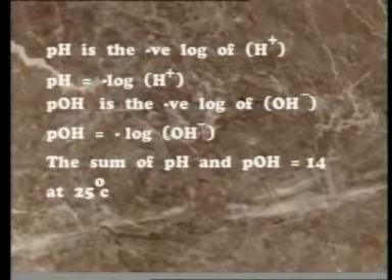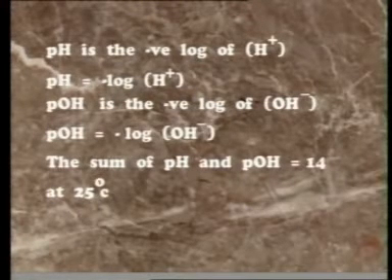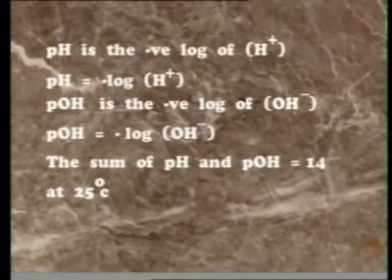It means that the concentrations of hydrogen ions and hydroxyl ions are a measure of the acidity or alkalinity of the solution. Hydrogen ion and hydroxyl ion concentrations are usually expressed as pH and pOH. pH is the negative log of the hydrogen ion concentration, or pH equals minus log of hydrogen ion concentration.